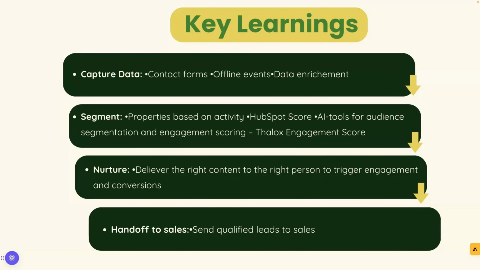So again, nurturing, delivering the right content to the right person, that's the main thing. So you can really develop them into being more and more engaged or not. If you find that those are being inactive, again, you have to see what kind of things we need to do to trigger their engagement again, or do we need to delete them because they are not qualifying anymore? And finally, hand off to sales.